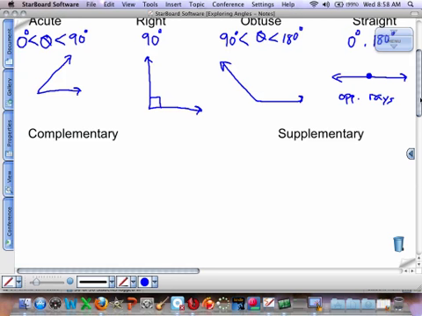Complementary angles. No, they're going to have the same vertex, but there are two angles involved. Okay, Cheyenne? Yeah, so we have two angles that add up to 90.